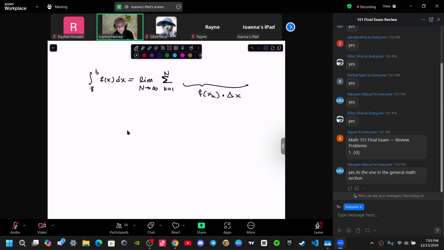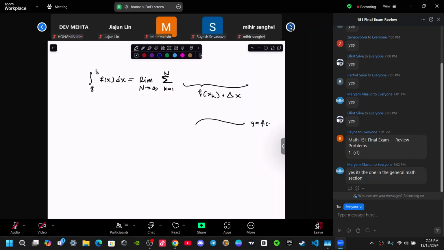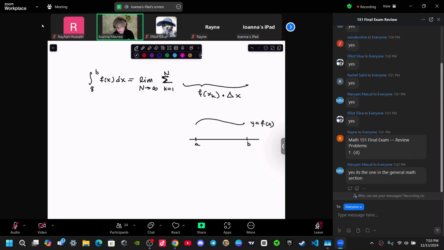This is the form. Because what did they do? They took a function, and I'm not saying the graph of the function is above the x-axis. It could be above, it could be below the x-axis. The graph could be a little bit above, a little bit below, but the function is continuous. We don't care where the graph is. But let's say it's here. It doesn't matter where it is. And you have a, b, and somebody's trying to find the signed area.